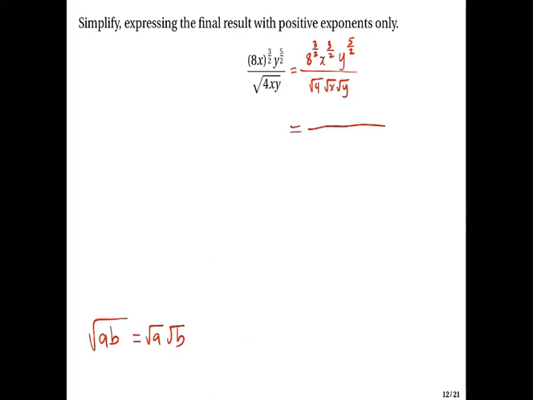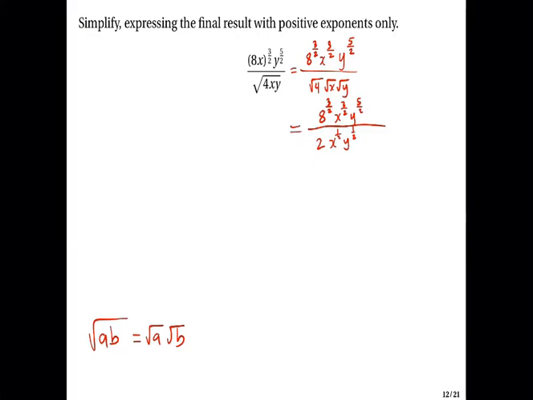Okay, so let us write the numerator now. It's 8 raised to 3 halves. And then you have x raised to 3 halves, y raised to 5 halves. And then denominator, you have 2. That's the square root of 4. And then x raised to 1 half, y raised to 1 half.